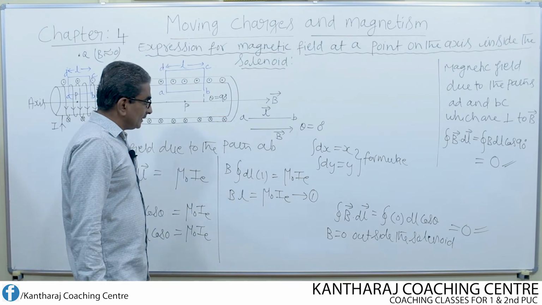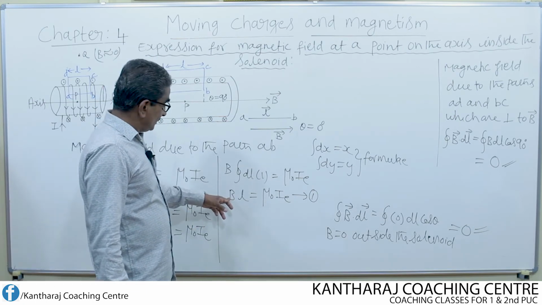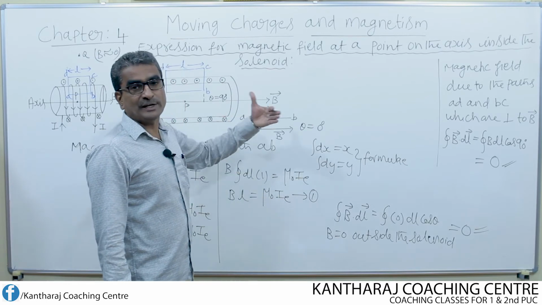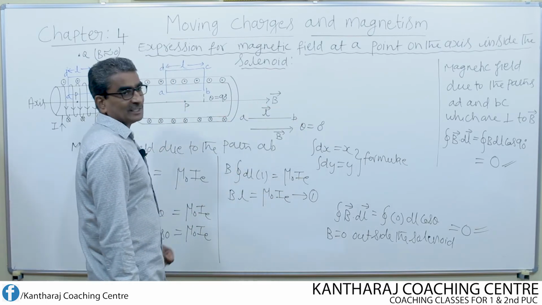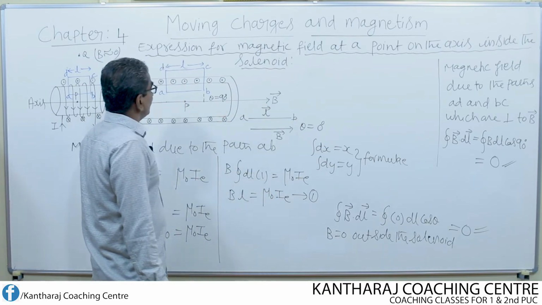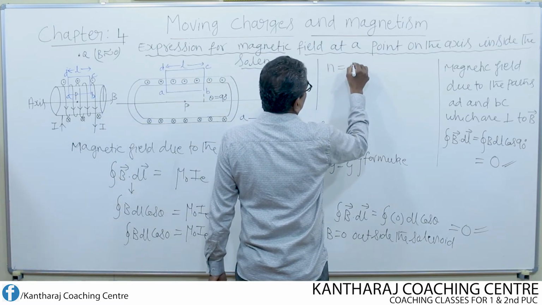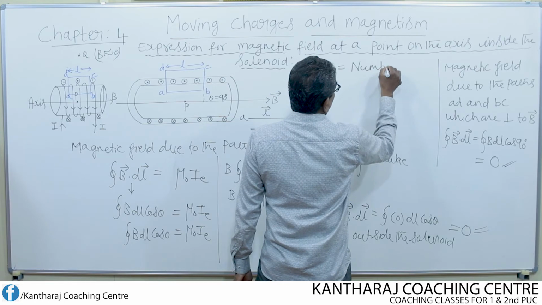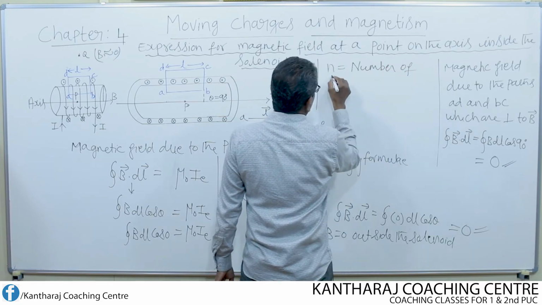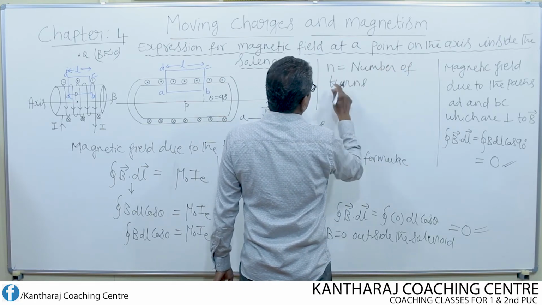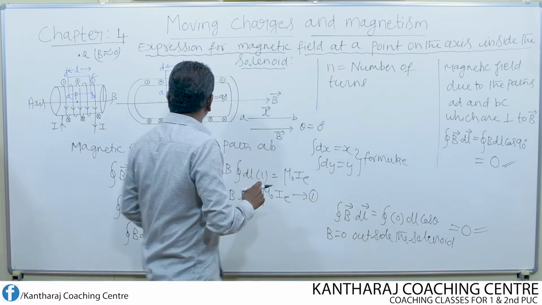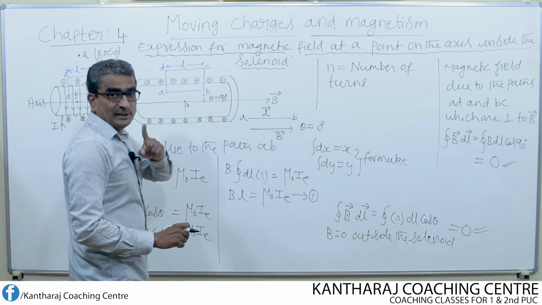Now, how do we find the value of IE? Let us consider it like this. Let n be the number of turns per unit length. Number of turns means number of rounds of wire in unit length.